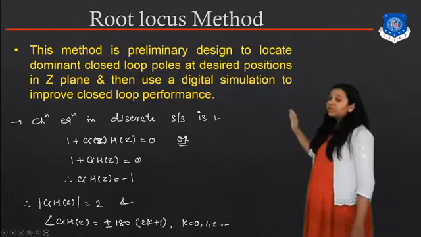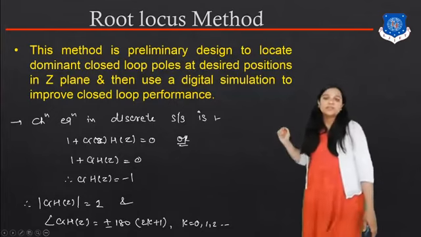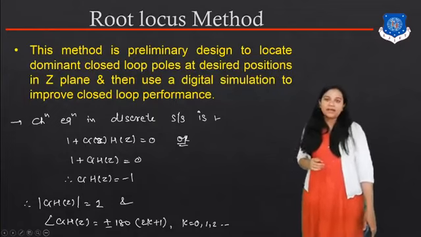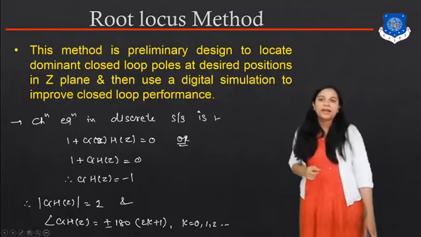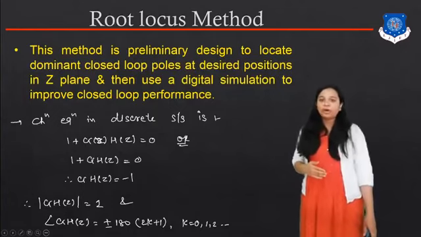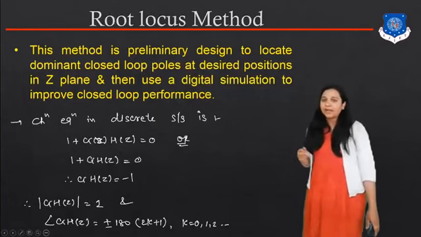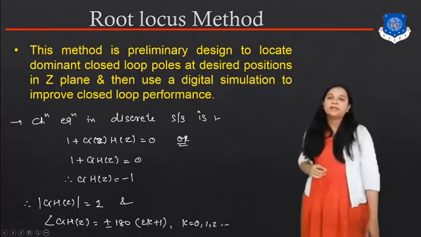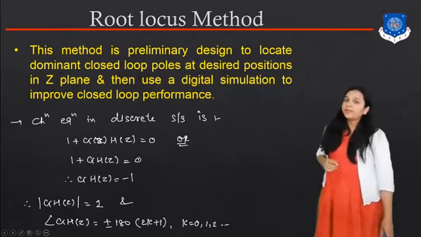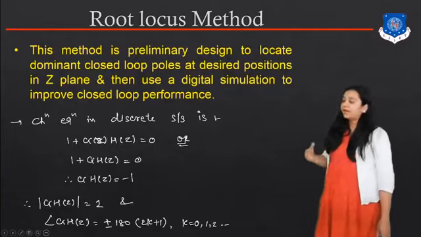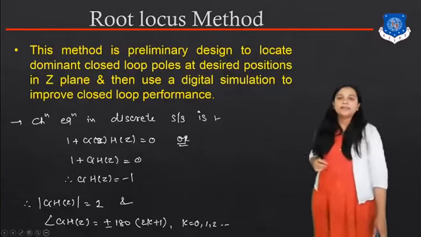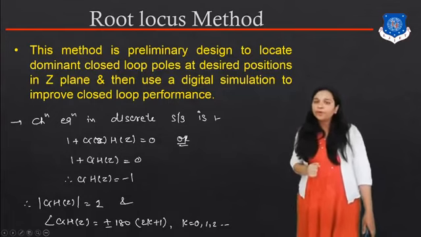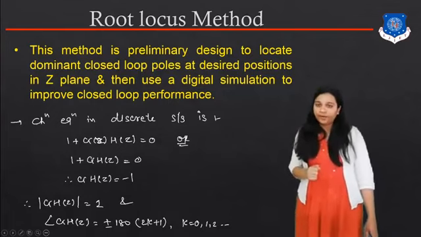So the characteristic equation in the discrete system is 1 plus G(z)H(z) equal to 0, or we can write it as 1 plus GH(z) equal to 0. Simplifying this equation, we get GH(z) equal to minus 1. If we take the magnitude of this equation, we get 1.